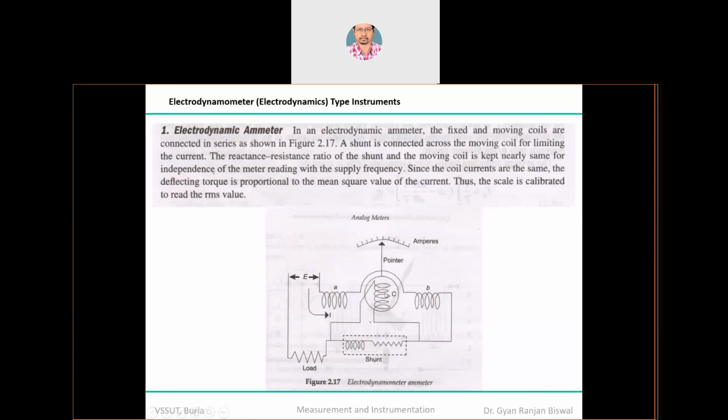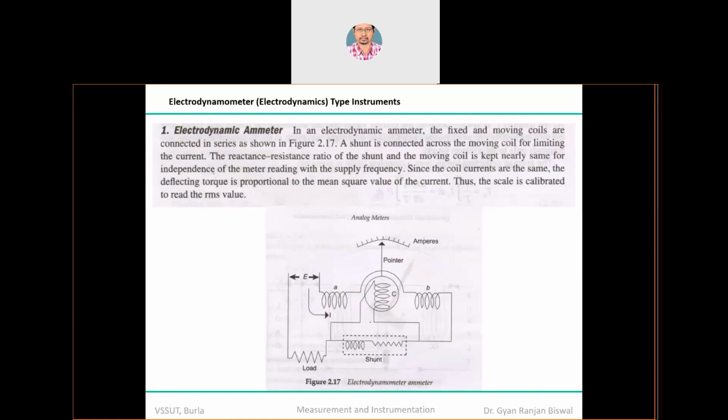So that the frequency at which this moving coil is operating, the same frequency can be matched by this parallel reactance-resistance circuit.